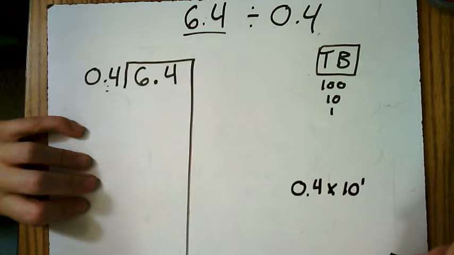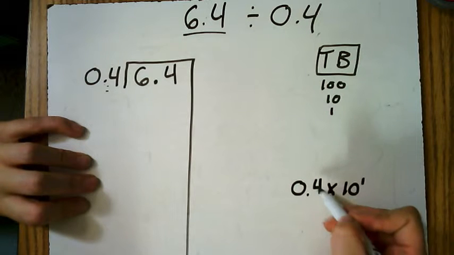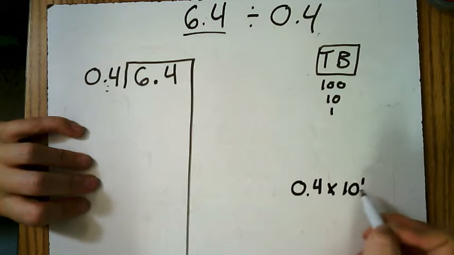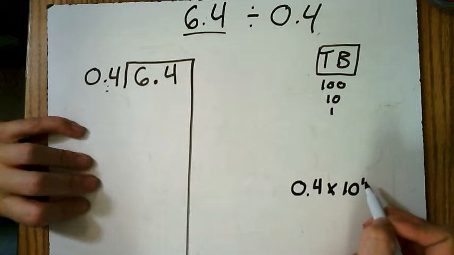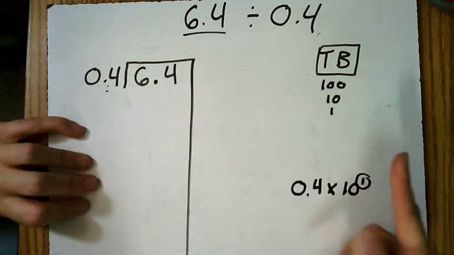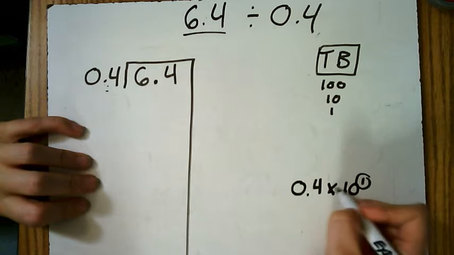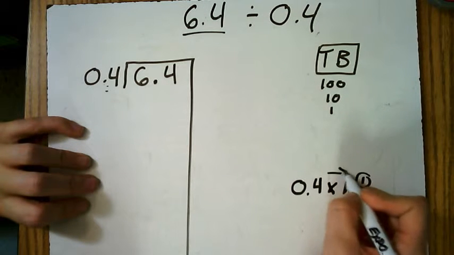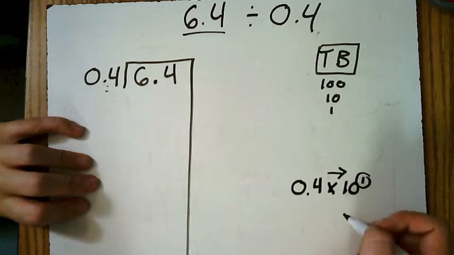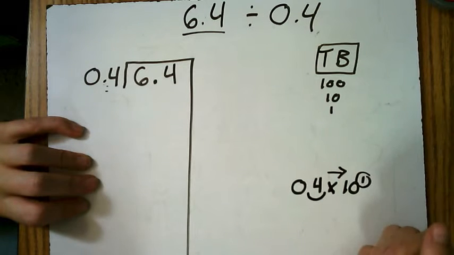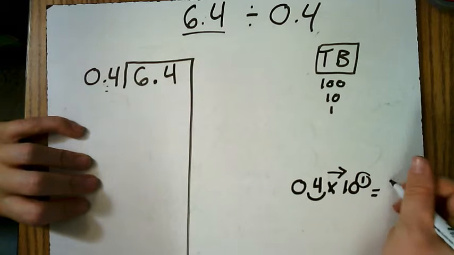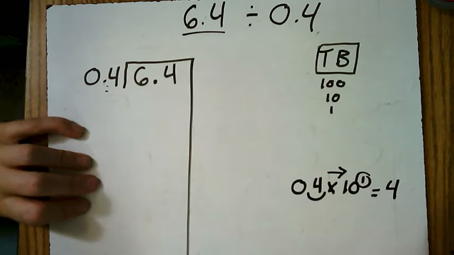about powers of 10? When I multiply a decimal by 10 to the first power, that exponent tells me to move my decimal one place value. The multiplication symbol tells me to move it one place value to the right. So when I multiply it by 10 to the first power, I get the number 4, the whole number.